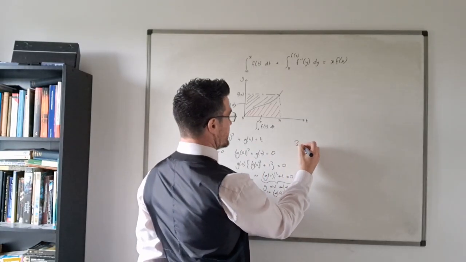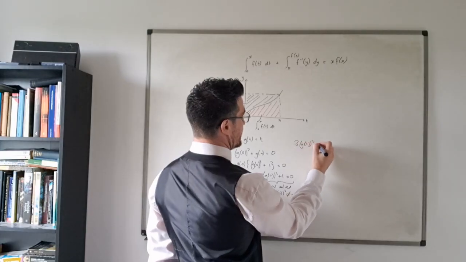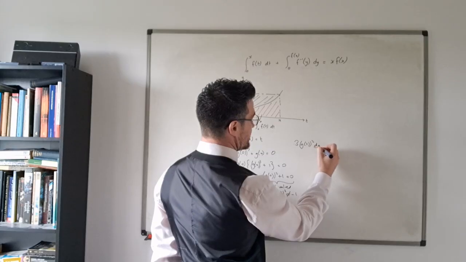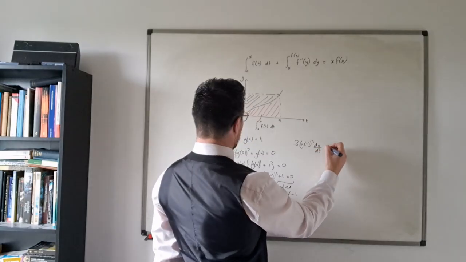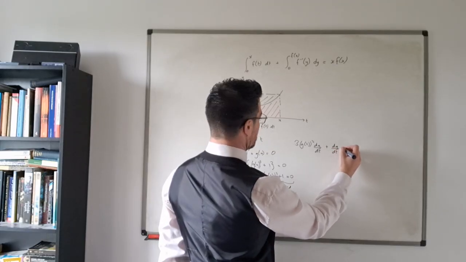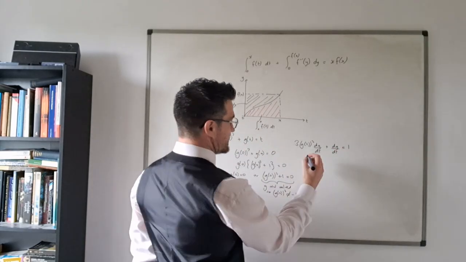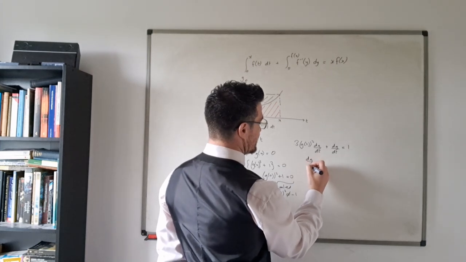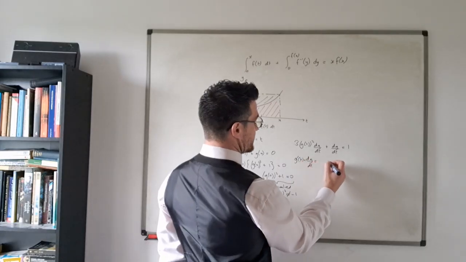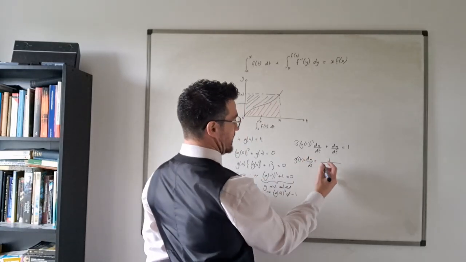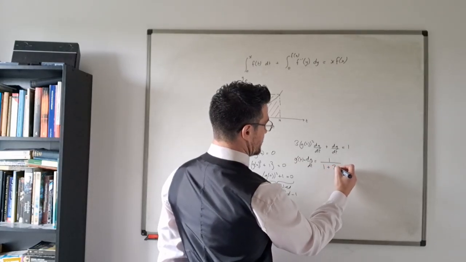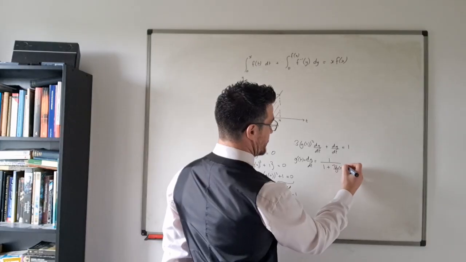I'm going to get 3 (g of t) squared dg by dt plus dg by dt is equal to 1. So therefore dg by dt, which of course is g prime of t, is going to be equal to 1 over 1 plus 3 (g of t) squared.